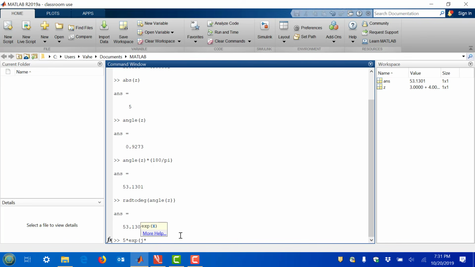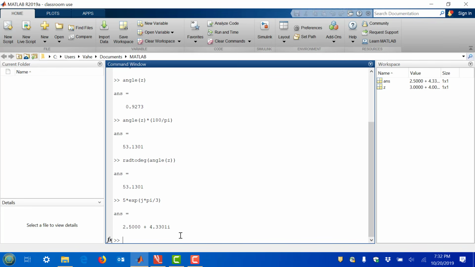Now, angle you've got to put in radians. We're talking about 60 degrees, that's pi over 3. So this complex number that I just wrote down has an amplitude or magnitude 5 and an angle of 60 degrees. When you press enter, you'll get the rectangular version of that. But basically, those are equivalent.